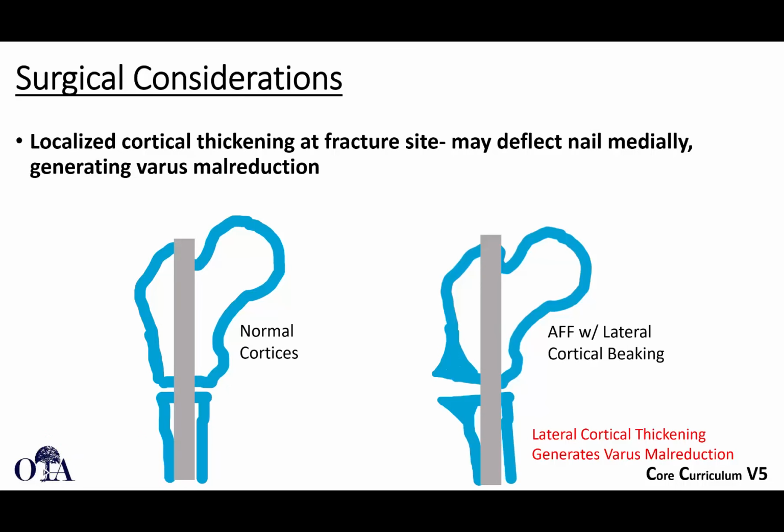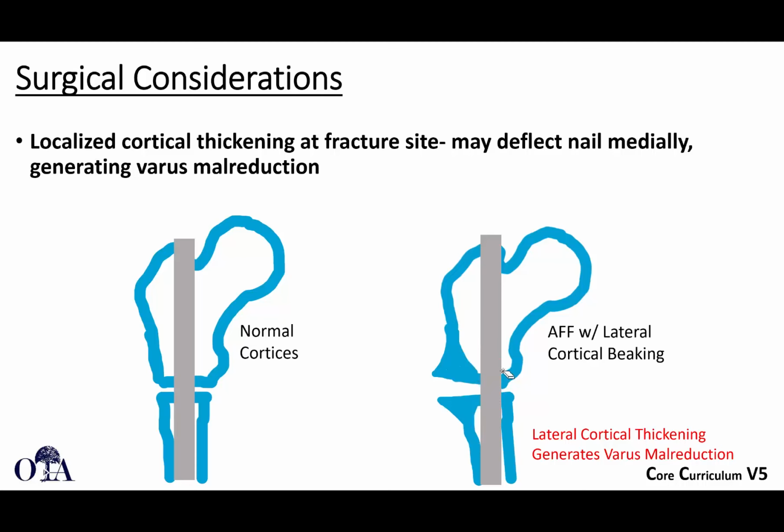So this is that other comment we talked about. When you get that beaking, remember there's also this endosteal thickening as well, and you see this on the x-ray. So what happens is that you have a narrowed space here, and when you instrument, this can deflect here and cause the rod to head in this direction by bouncing off of this here.